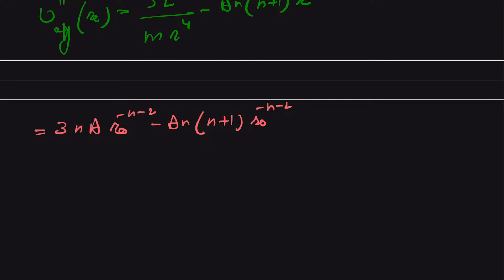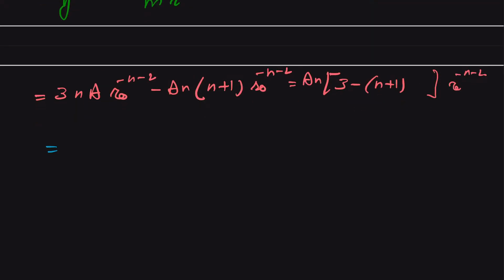So we can combine the terms, or take a n as common. This will give us 3 minus (n plus 1), which will come as 2 minus n.